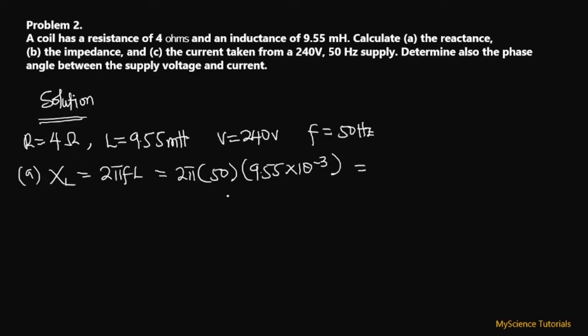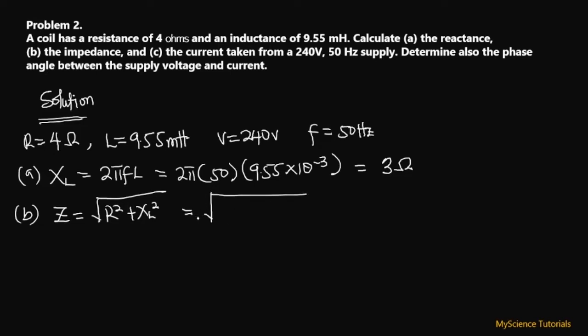If we compute everything into our calculator, we are going to get 3 ohms as our answer for the reactance. So let's go ahead and find B. B is saying we should find the impedance. We know the impedance Z is equal to the square root of R squared plus XL squared. We just found XL to be 3, so that is good news for us.